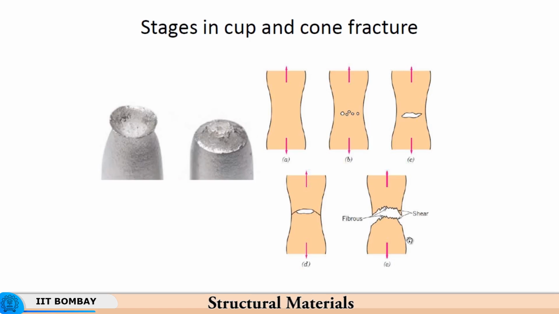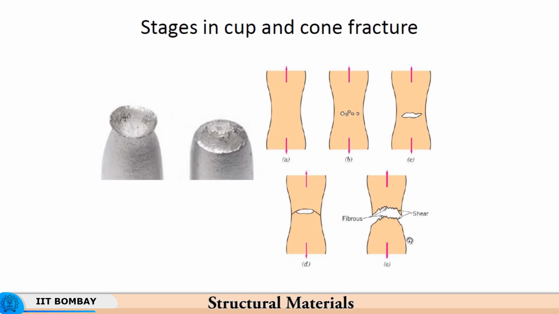So what you see here is a diffuse neck. What it means is that it is not easily visible, but there is a decrease in the cross sectional area, which is shown in an extremely exaggerated manner over here, and so this is the imminent localization of strain.